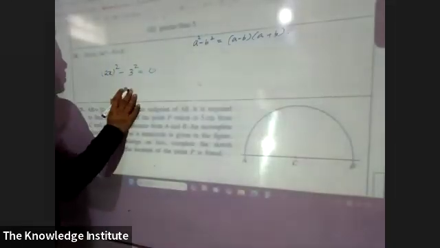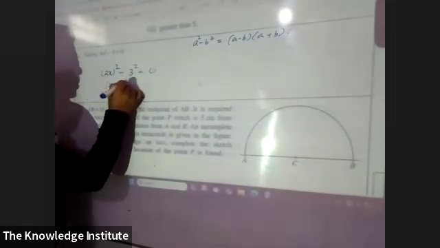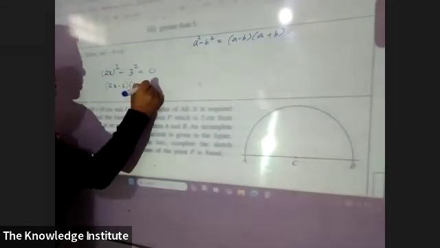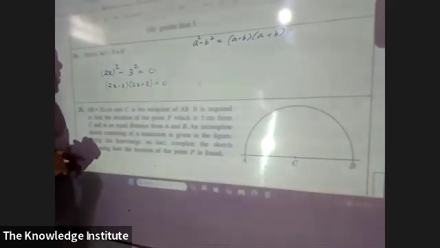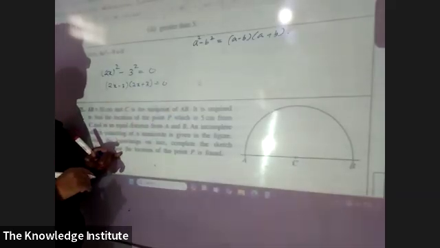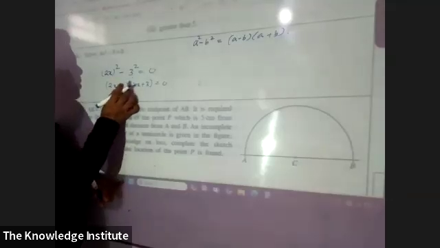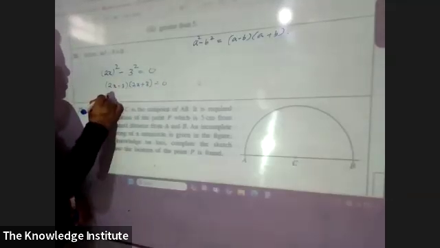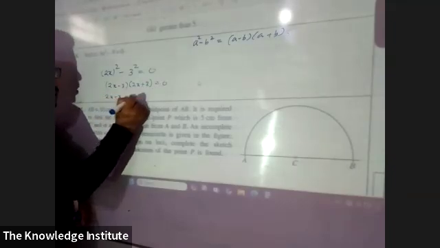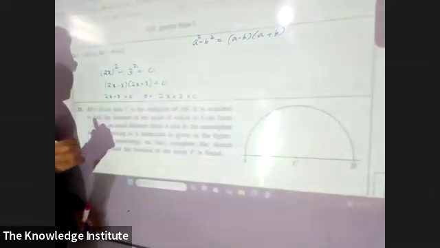So here we want to solve this. (2x minus 3)(2x plus 3) equals 0. Now this product is equal to 0, so 2x minus 3 equals 0 or 2x plus 3 equals 0.